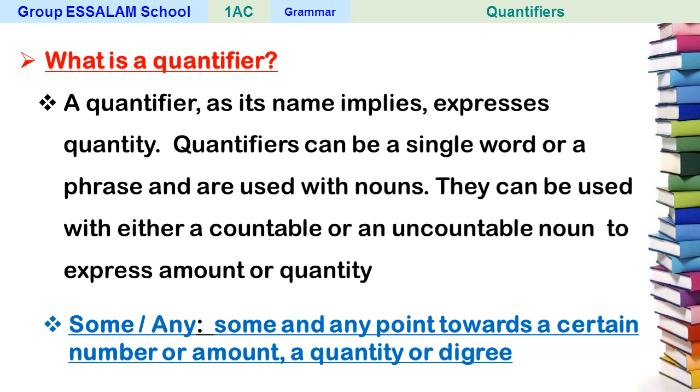There are other quantifiers. We are going to see them in the next video, like much, many, a lot of, lots of, few, little. But today we are going to focus only on some and any. So some and any point towards a certain number or amount, a quantity or degree.